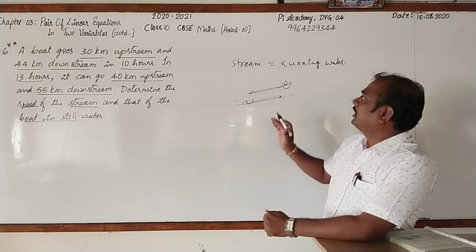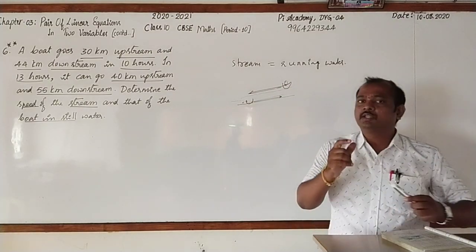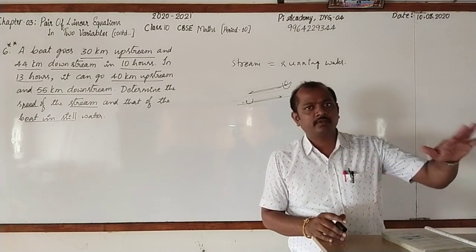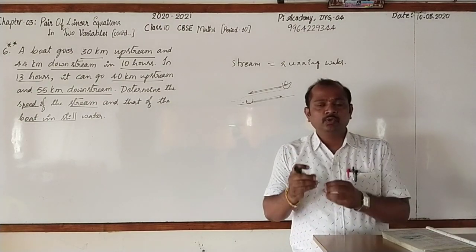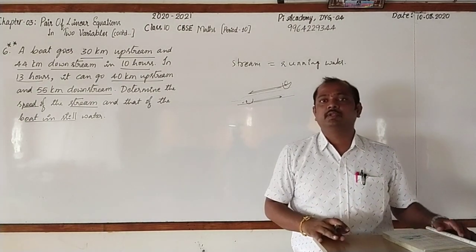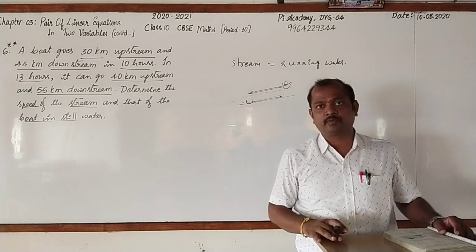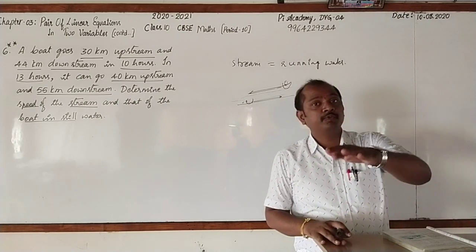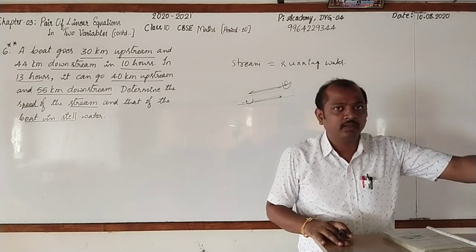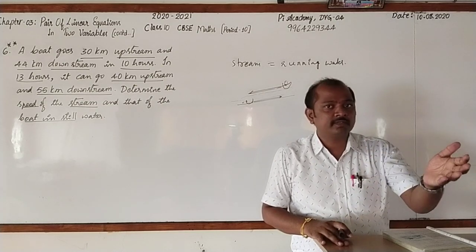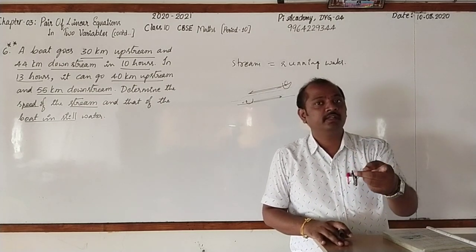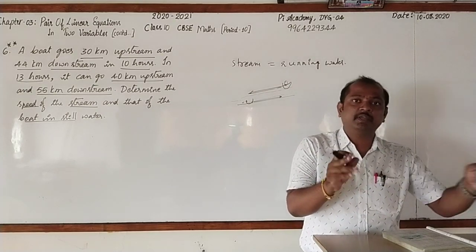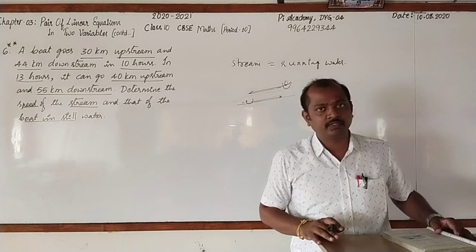Got it? With respect to this, I'll give you one simple situation. Imagine that there is running water and you have the capacity to swim in running water or stagnant water, at some speed. If you start swimming with the running water, what happens? Does your speed increase or decrease? Your speed increases, because your speed and the running water speed are both added.